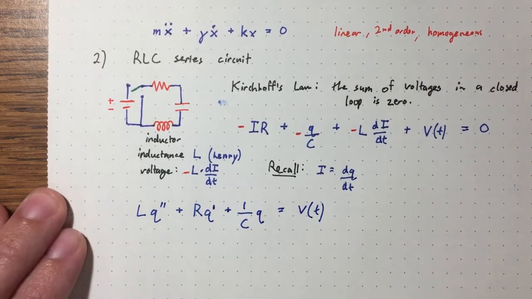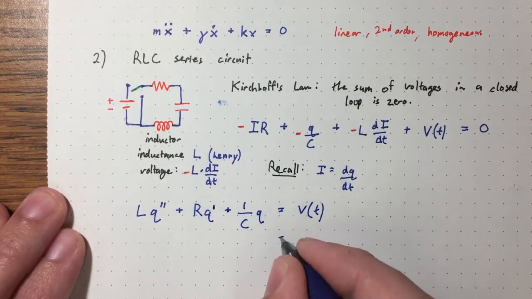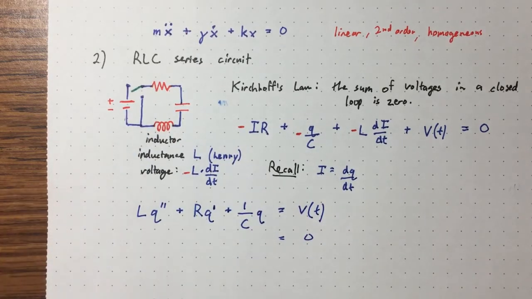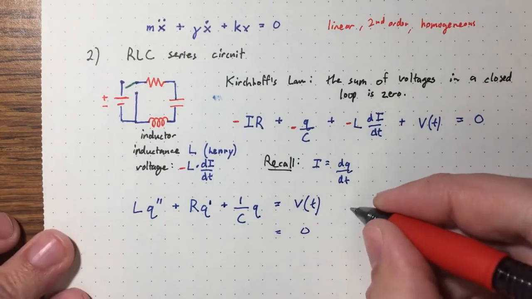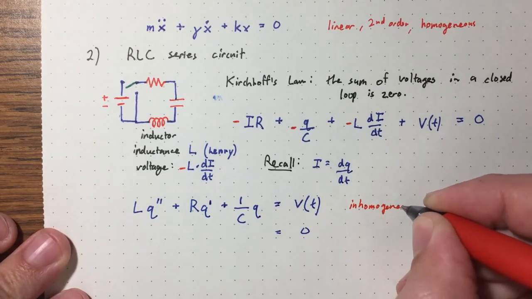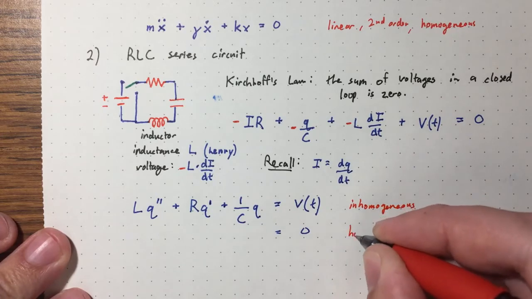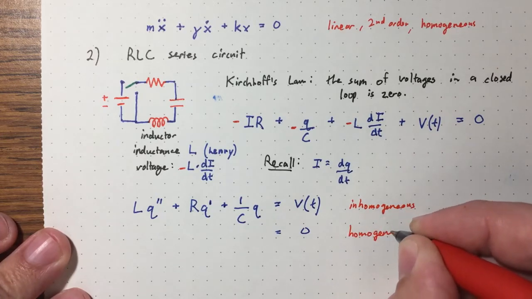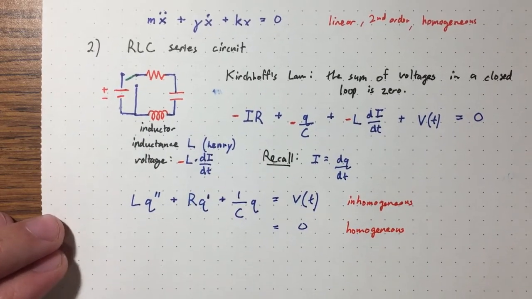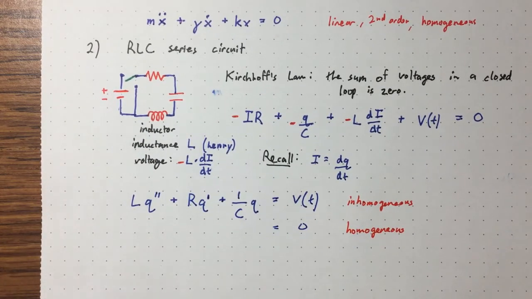At least when the switch is open, it could also equal 0 if the switch is closed. In fact, this one corresponds to an inhomogeneous differential equation, and this one corresponds to a homogeneous differential equation, depending on whether we're applying a voltage or not. And this is also linear.